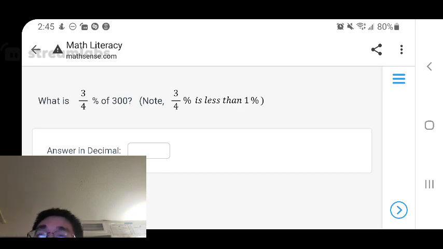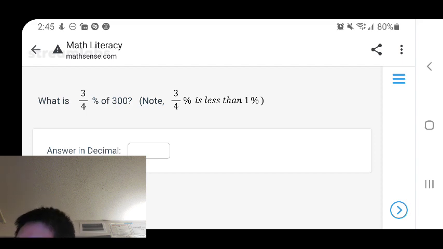What is 3/4% of 300? Answer in decimal. Okay. I mean, you just do 0.075. Is there an easier way to do this?